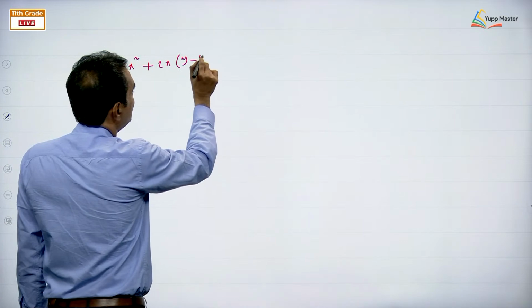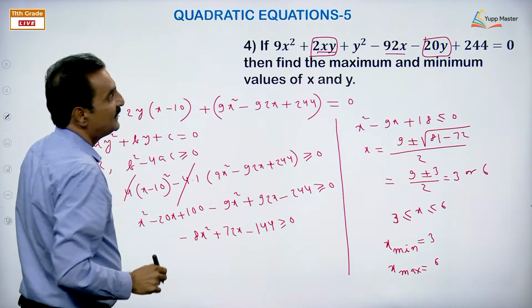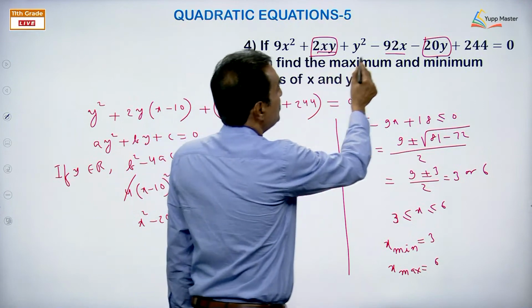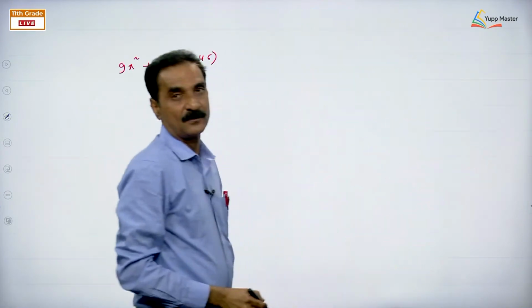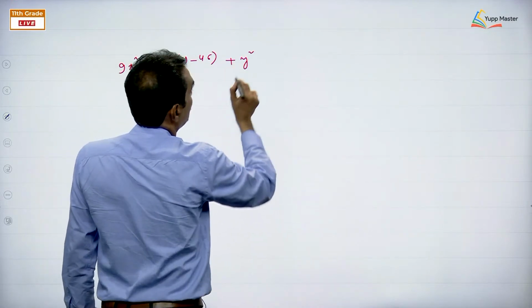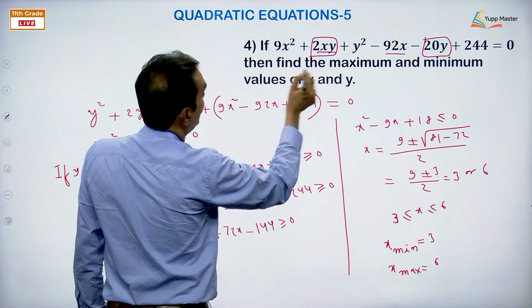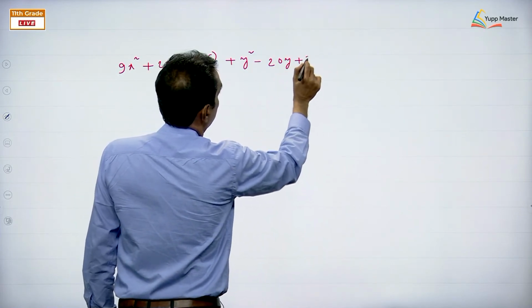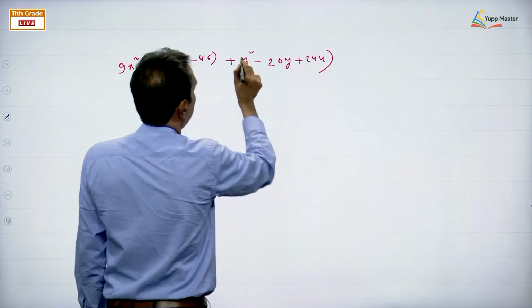Y minus 46. Next, the term independent of x. Y square minus 20y plus 244.